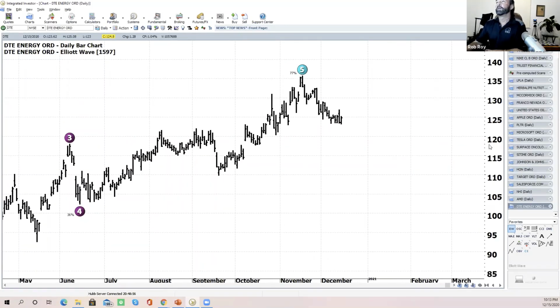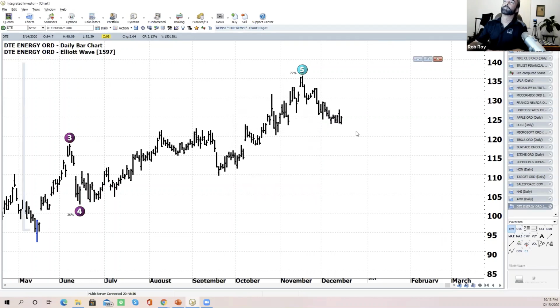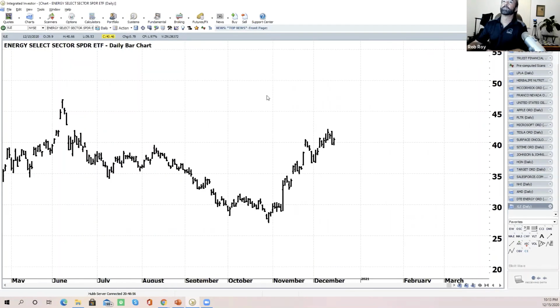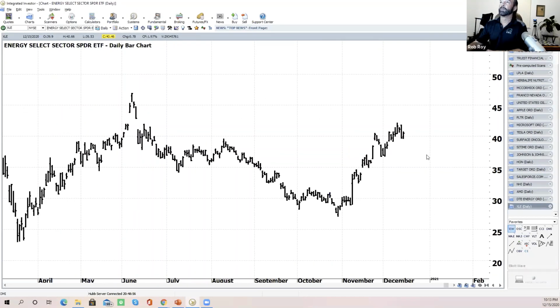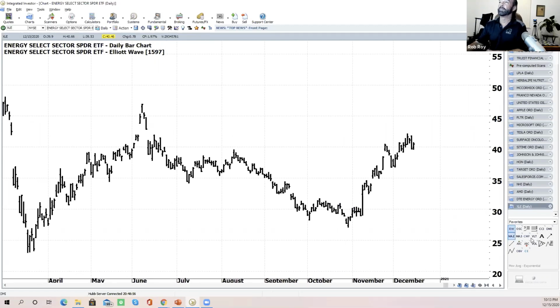Okay, energy, let's look at the XLE. I really wanted to do something in natural gas, but it's just overbought.